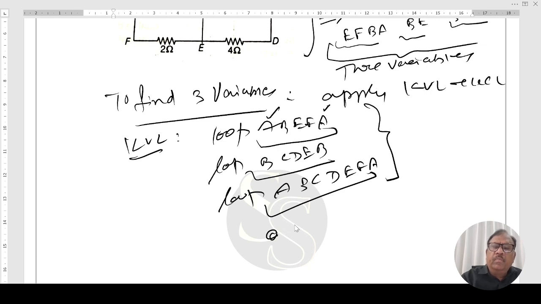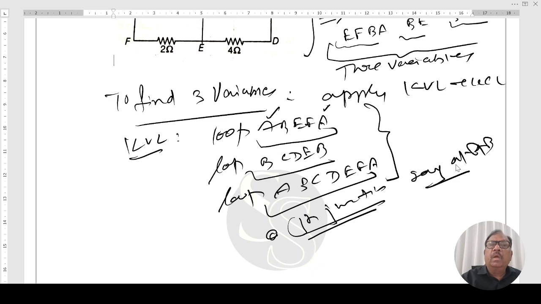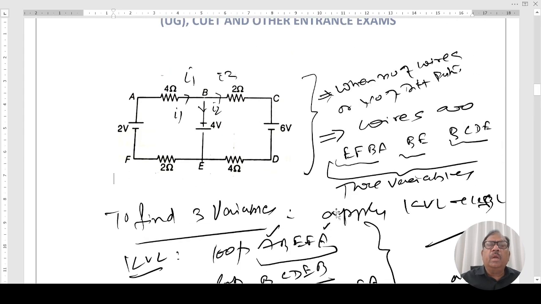Or we can apply the junction rule. At point B, it is based on conservation of charge: sum of incoming currents equal to sum of outgoing currents. At B, I1 enters, and I2 and I3 leave.